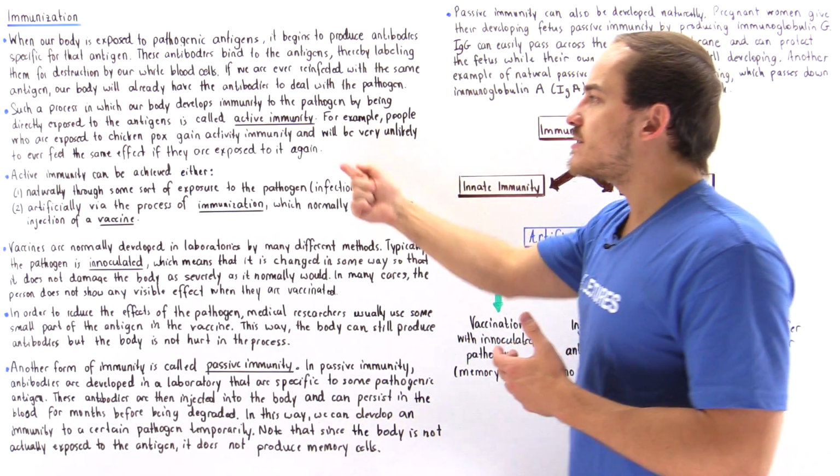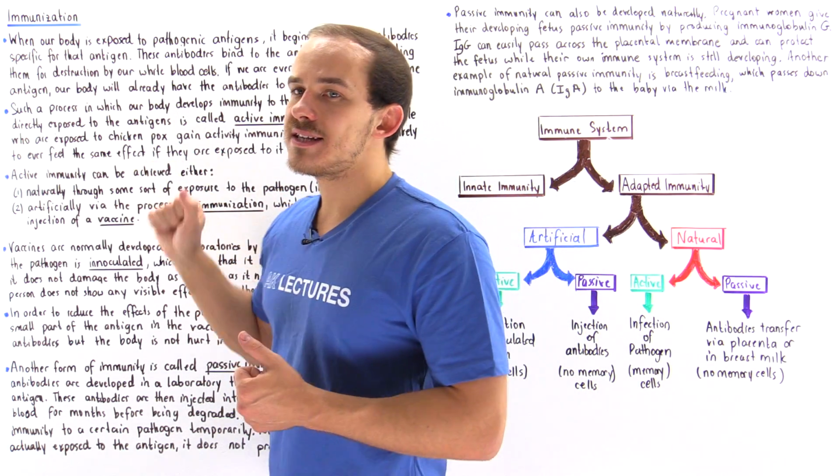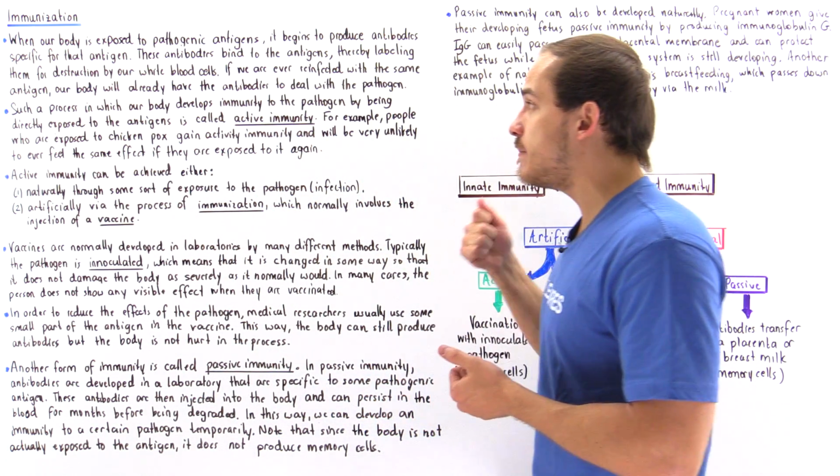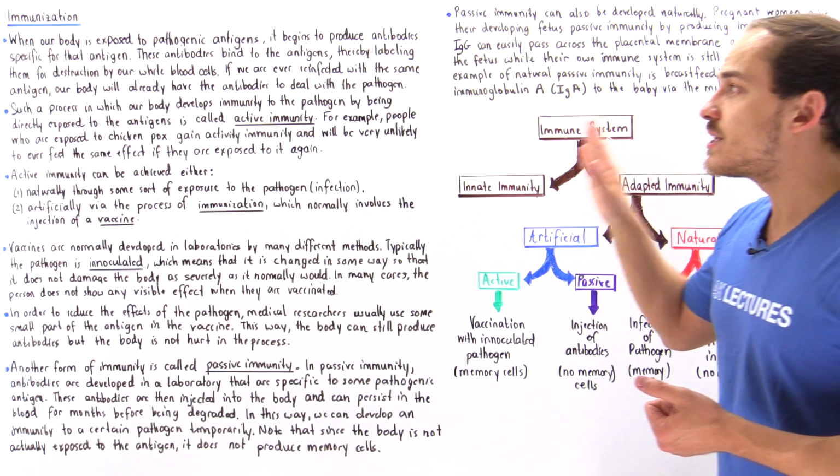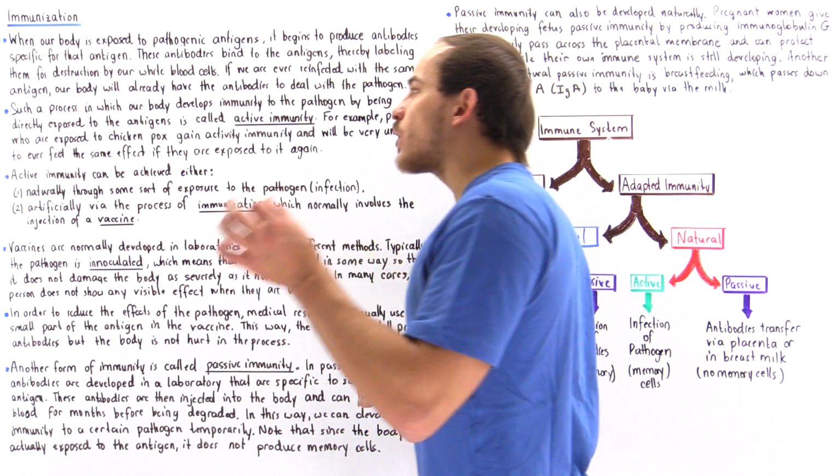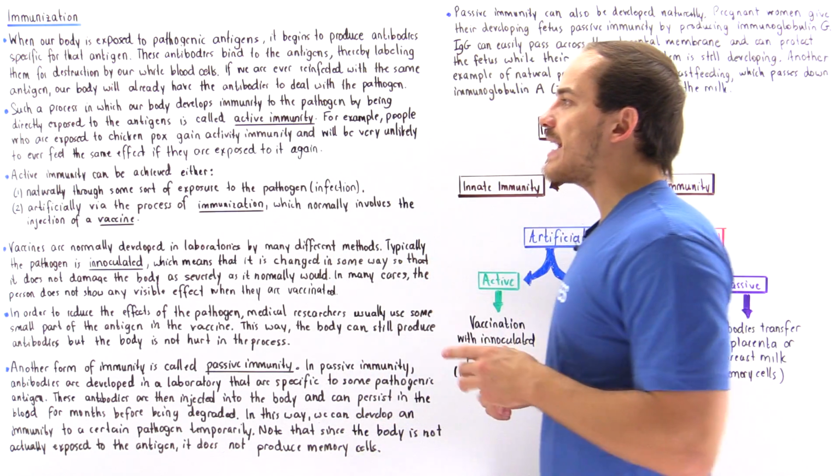So the process of active immunity is a process in which our body develops immunity, these memory cells, to the pathogen by being directly exposed to our antigens.